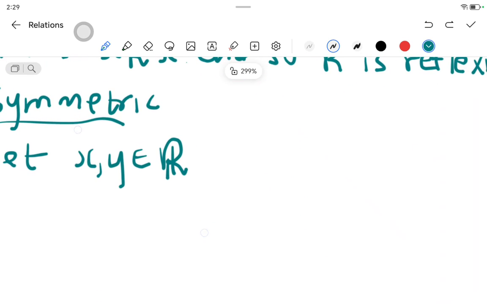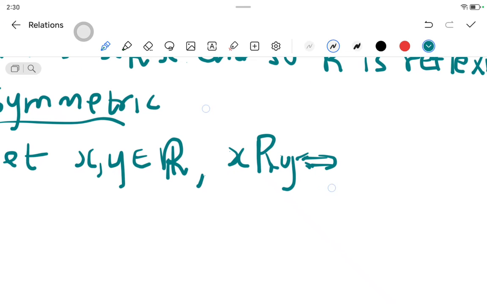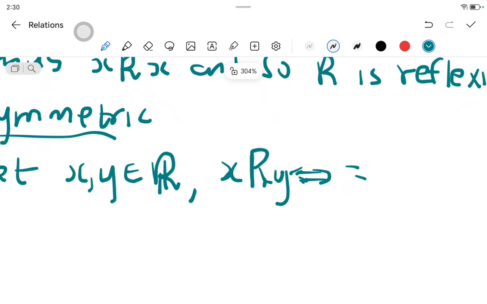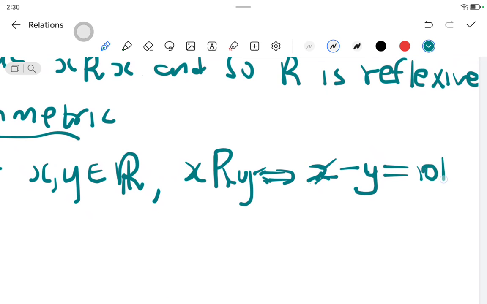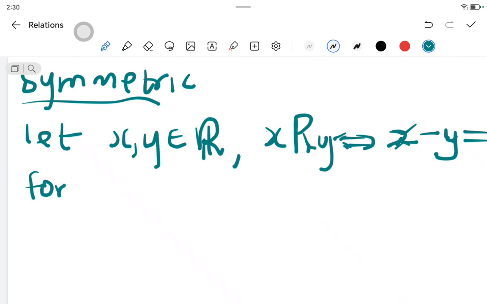According to the original definition, x is related to y if and only if x minus y is divisible by 10, meaning it's a multiple of 10, for some k an element of integers.